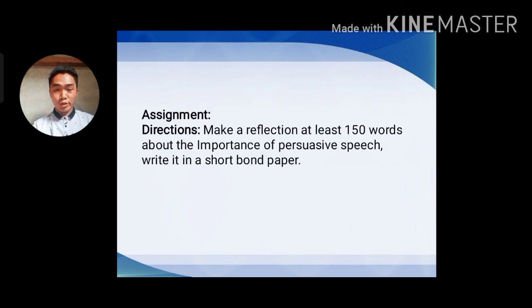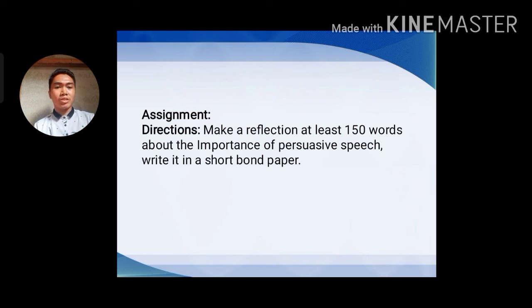Now let's proceed to your assignment. The directions is make a reflection of at least 150 words about the importance of persuasive speech. Write it on a short bond paper. So I think you really understood our topic for today, and make this reflection.